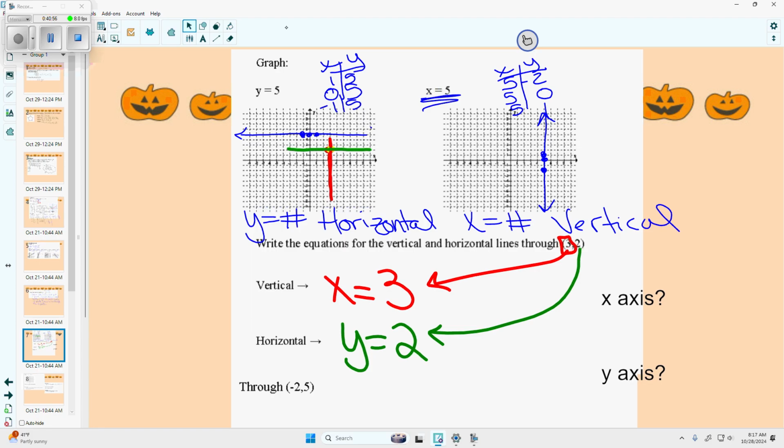Okay, so at your tables, you're doing the vertical and the horizontal lines through negative 2, 5. Make sure you identify which one is which, which one's vertical, which one's horizontal.